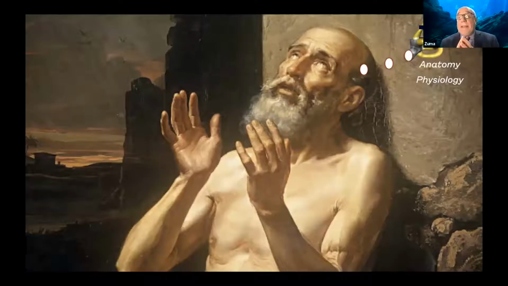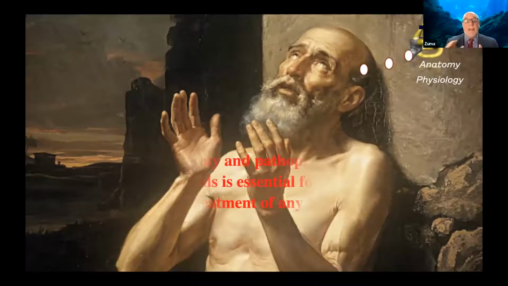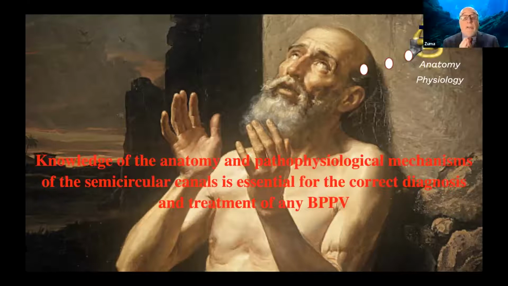Well, I would like to call your attention, because it's absolutely necessary. The bottom line is to know about anatomy and physiology. Knowledge of the anatomy and pathophysiological mechanism of the semicircular canal is essential for the correct diagnosis and treatment of any BPPV.